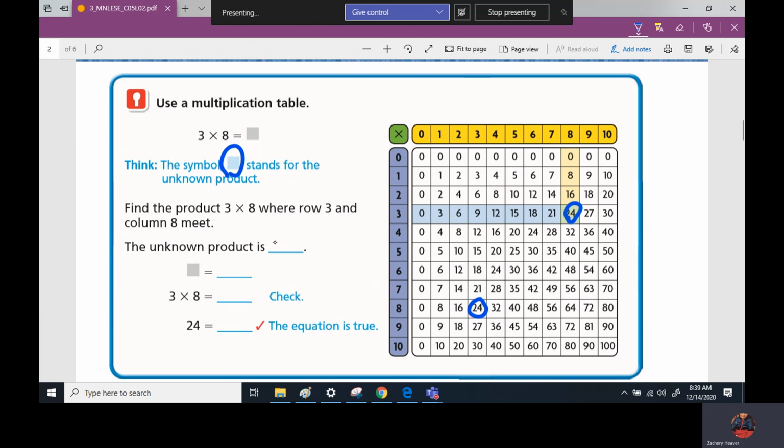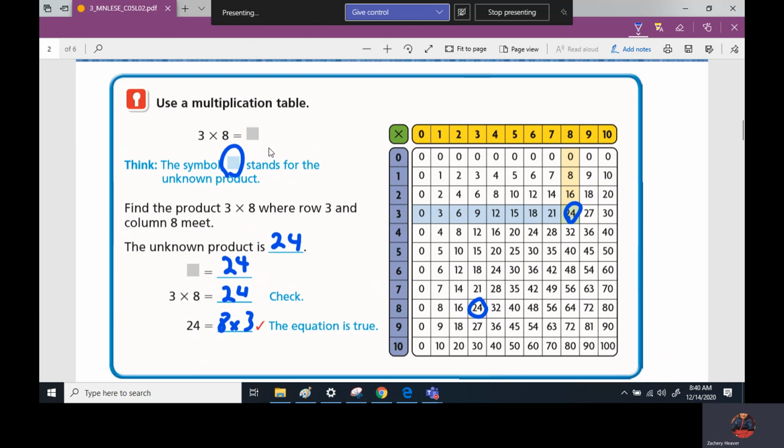We know the unknown product, which is the answer, is 24. So the gray box equals 24. 3 times 8 is 24. So 24 equals, I'll just leave that blank. Actually, 24 equals 8 times 3. That's a commutative property.